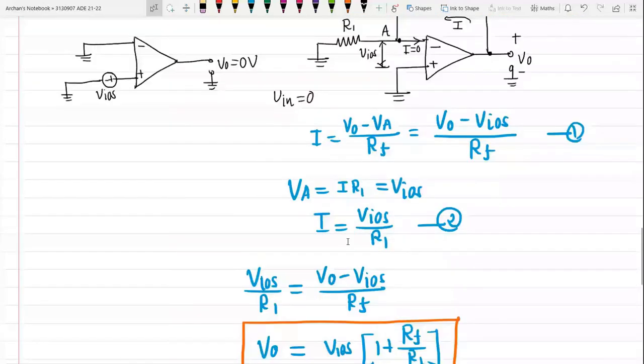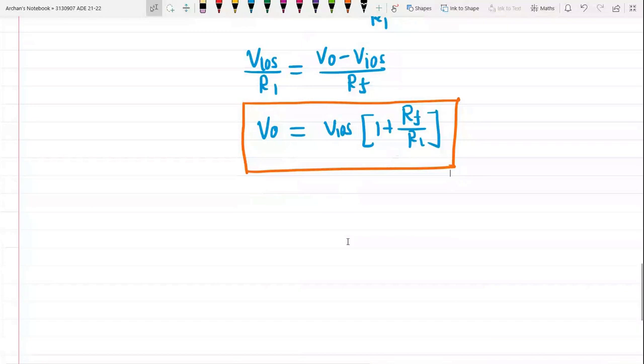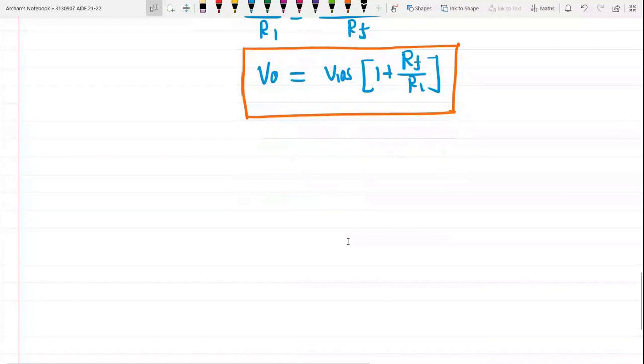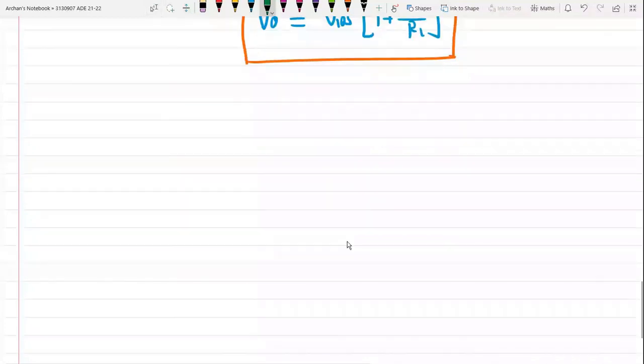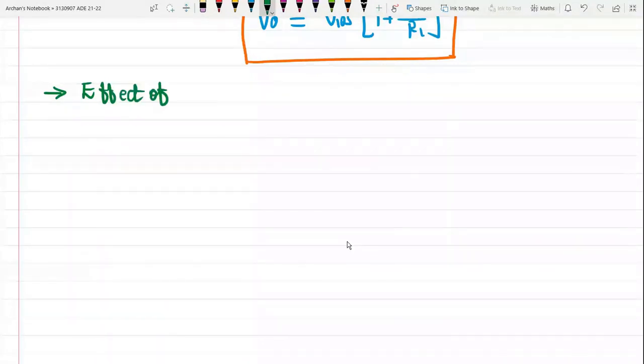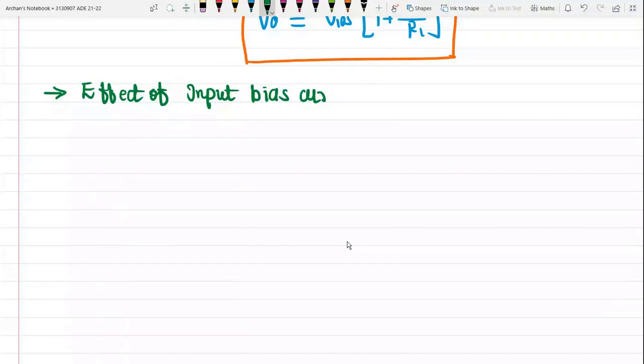Okay? Now similarly, let us try to identify the effect of input bias current. Okay, because we have input currents also, offset currents also. So let us try to determine the effect of input bias current IB.